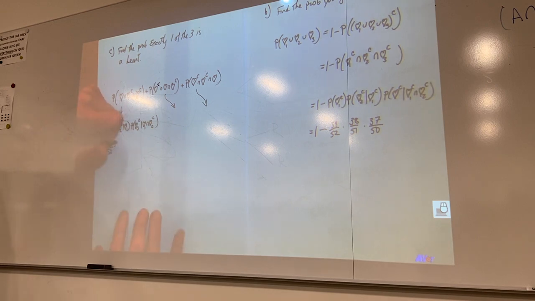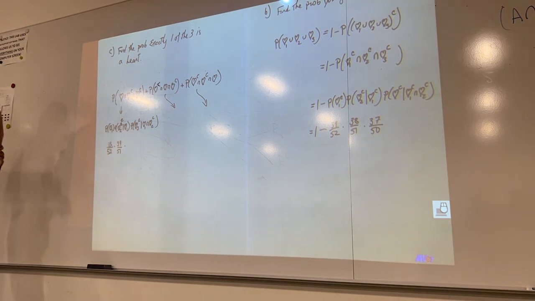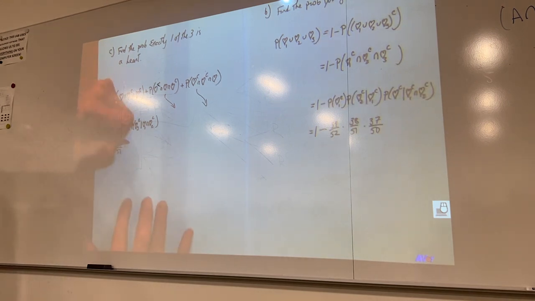And last but not least, the third one is not a heart, given you've got one heart and one not heart in your hand. 38 over 50.